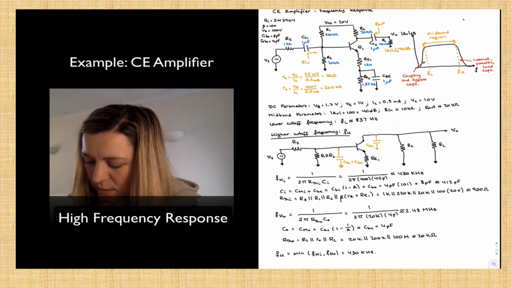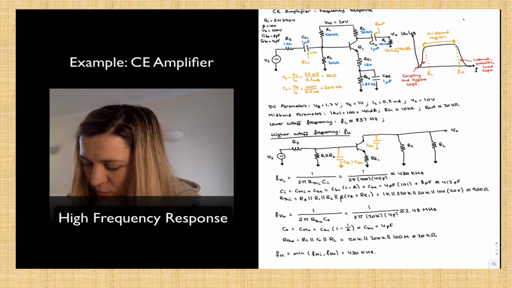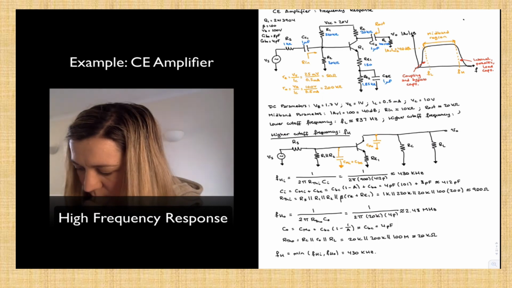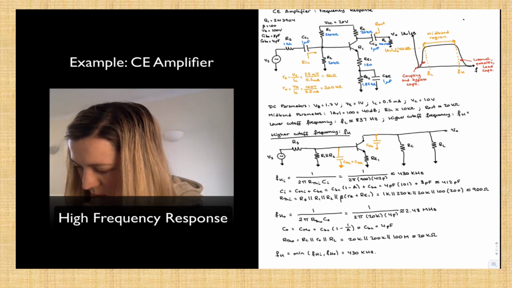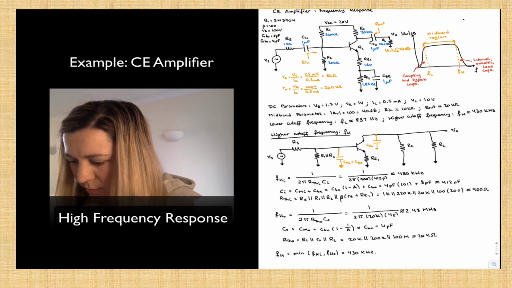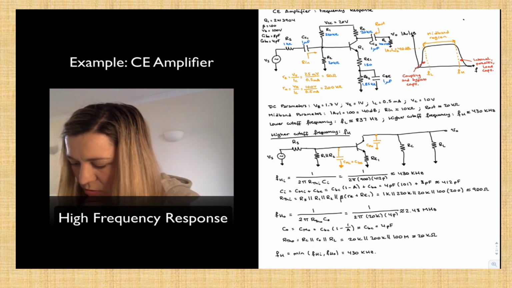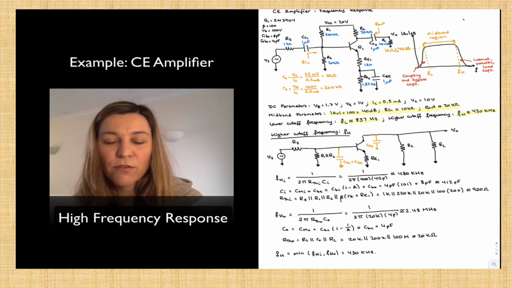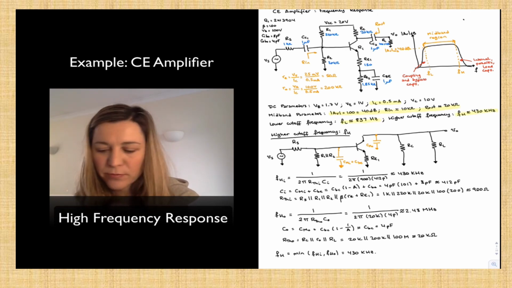That completes our analysis here. I'm going to write here higher cutoff frequency, FH equals 430 kilohertz. And I'm going to highlight the results of quiescent current, mid-band gain, input resistance, output resistance, as well as low and high cutoff frequencies for this common emitter amplifier.